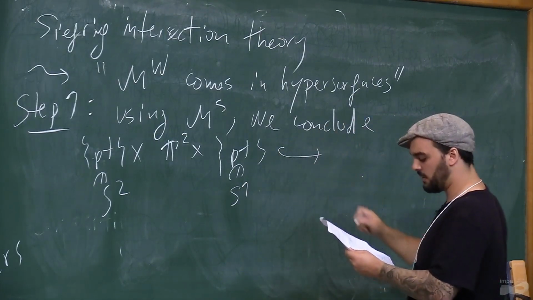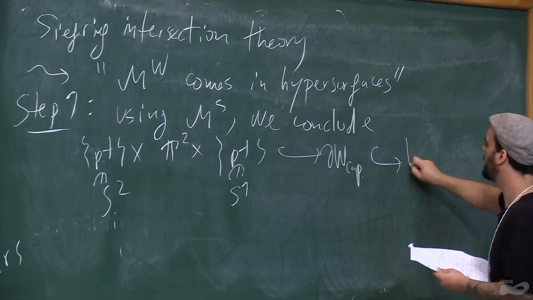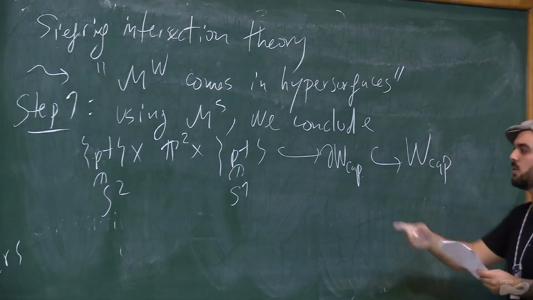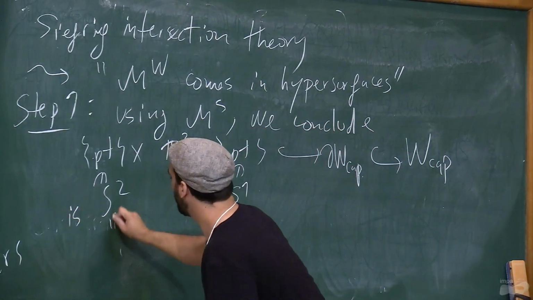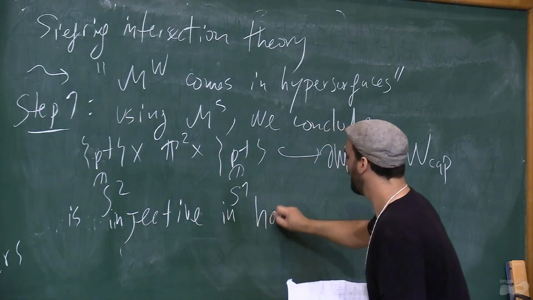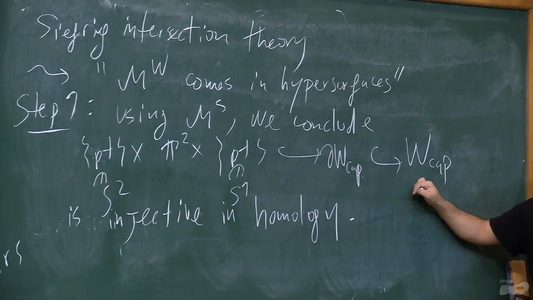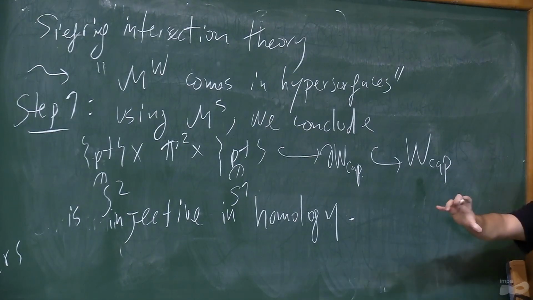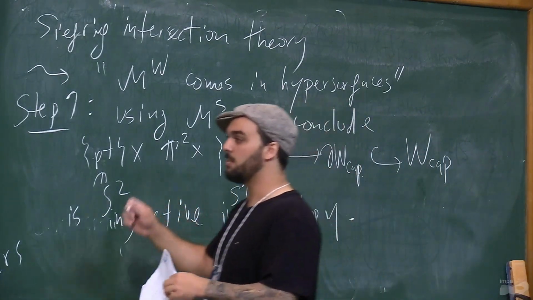When you include this inside the boundary of the capped guy, and you include the boundary of the capped guy inside the capped guy, this whole composition is injective in homology. In other words, this guy remembers the T2 factor, at least homologically. It really wants to pop out some product factor of T2. So this is some sort of homology statement, and this is the first step.